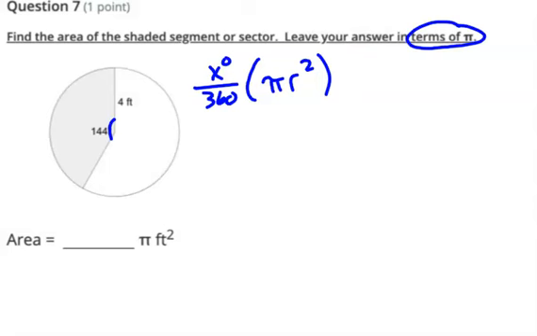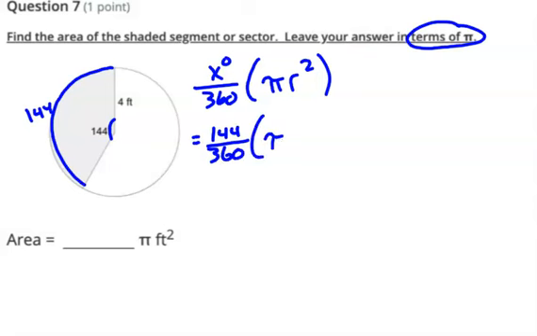If we have 144 on the inside as a central angle, we have 144 on the outside. So what we have here is 144 over 360 times pi times the radius squared. Be really careful that you don't use a diameter in that step.